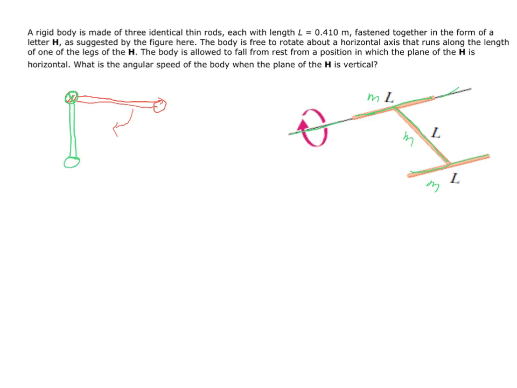So that's kind of what we have going on, but with the end-on view like this, where you can see it rotating, you can't notice that it's an H, which is why they give you the three-dimensional view there.